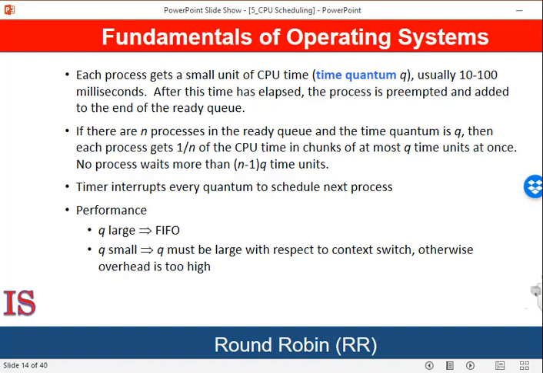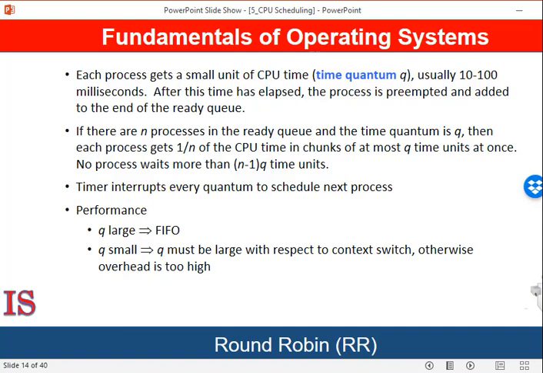to one time quantum. To implement round-robin scheduling, we again treat the ready queue as a first-in, first-out queue of processes. New processes are added to the tail of the ready queue. The CPU scheduler picks the first process from the ready queue, sets its timer to interrupt after one time quantum, and then dispatches the process.